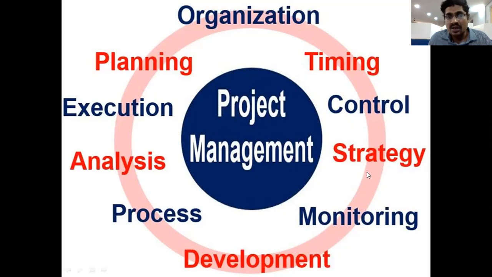So timing, controlling, strategy preparation, monitoring each and every activity, development of the workers and their career development processes, analysis, execution of all activities, next planning of all pre-decided activities. These are all things to achieve our target. So the target in project management is timely completion of the work within a budget, right?